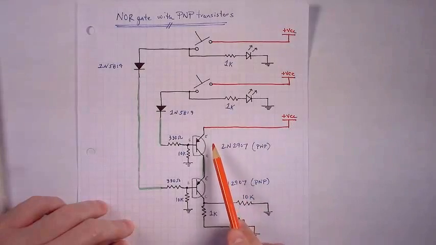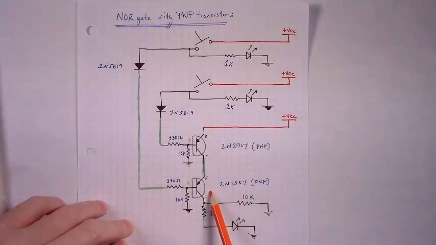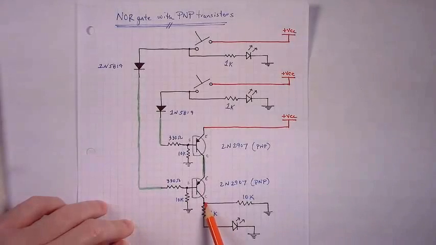Meaning that we have VCC, the first PNP is conducting, the second PNP is conducting, there's a fork in the road. Current could go toward the 10K, or it has the 1K through an LED. Well, as I've said numerous times, voltage and current are sort of lazy. It'll go the path of least work, or the most of the current and the voltage will go the path of least work.